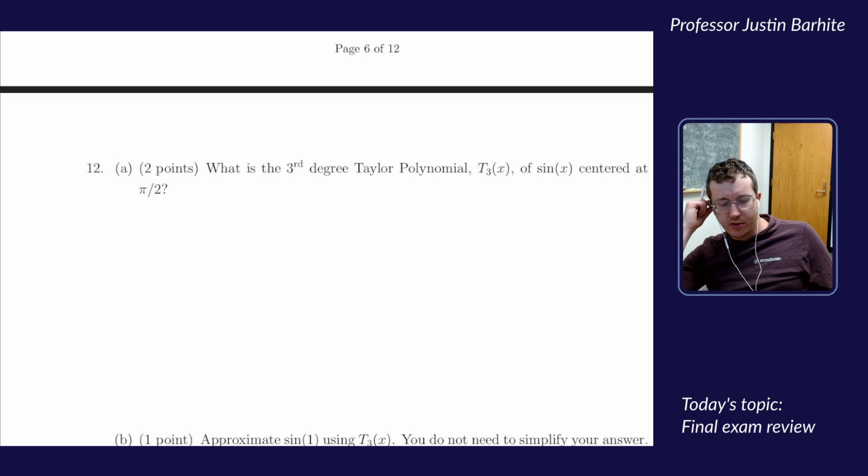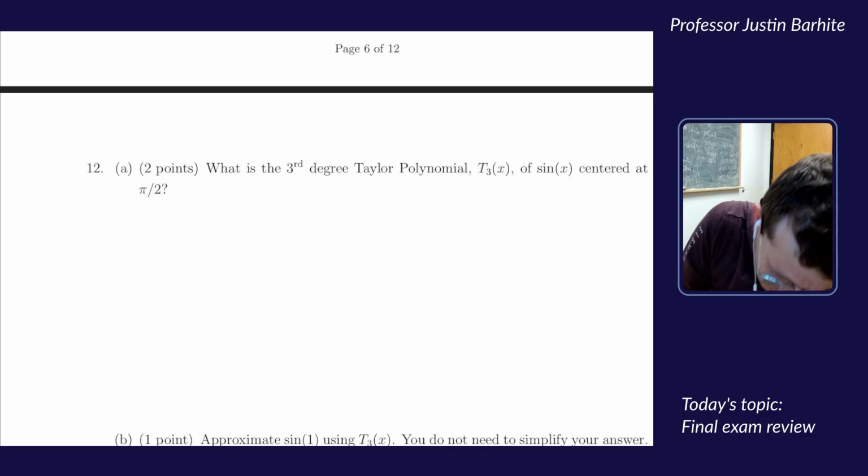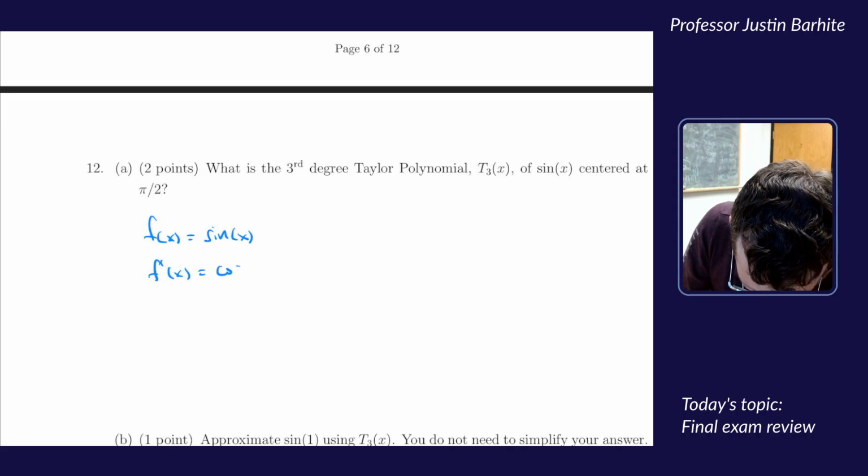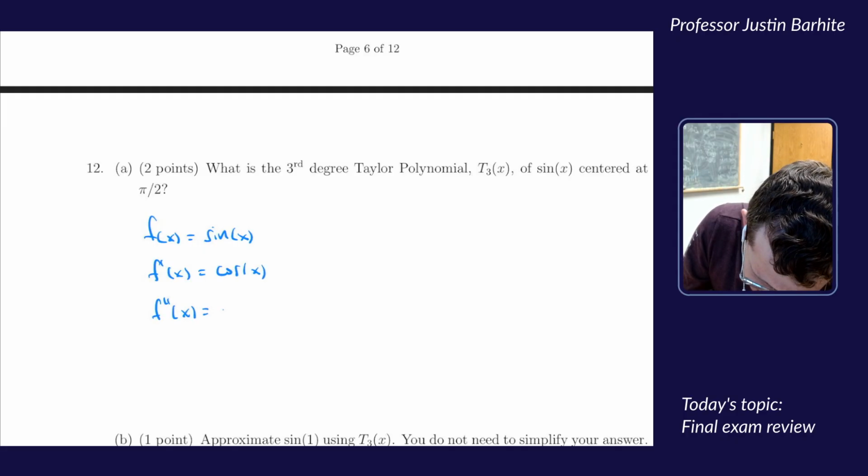Okay, third degree Taylor polynomial of sine of x centered at pi over 2. All right, we've already done a Taylor polynomial. So what we did was we found the first 3 derivatives.